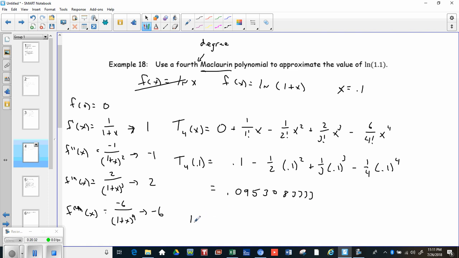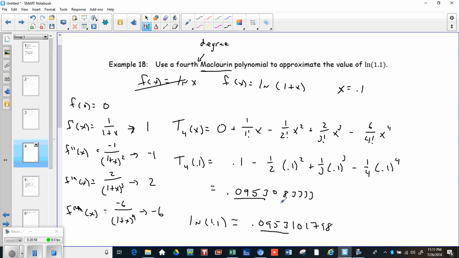And if you were to plug in the natural log of 1.1 into your calculator, you would get 0.095311798, I think. Pretty sure that's right. And so this one would have accuracy, it looks like, to also 4 decimal places.